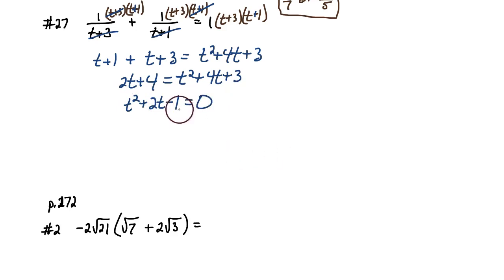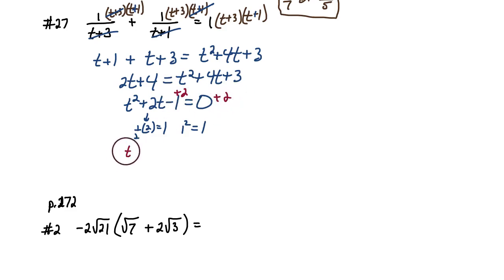Now solve the equation using any of the methods we know about. I'm going to choose completing the square. Half of 2 is a 1, and 1 squared is a 1. So I would like the constant term to be a 1, but it's not. It's a minus 1. If I add a 2 to it, however, it will become a 1. And to compensate, add 2 on this side.